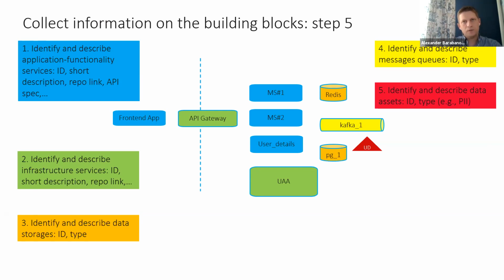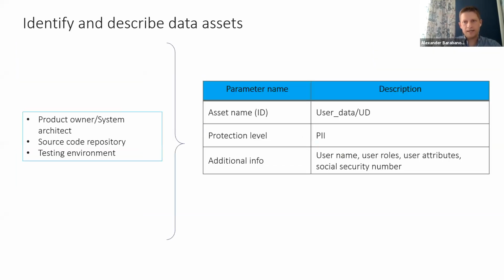So it is advisable to first identify assets which are valuable from a security perspective. For example, if you have some user information or payment information or some confidential information, you should identify it and again put it on a table with a unique asset name or unique asset ID. If you know it, you should also put a protection level, for example, personal information or confidential information.